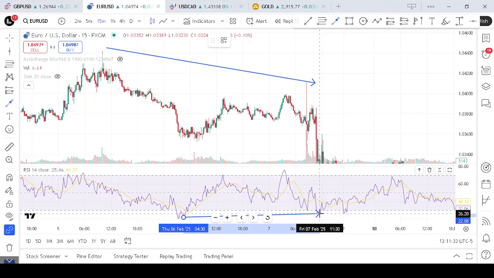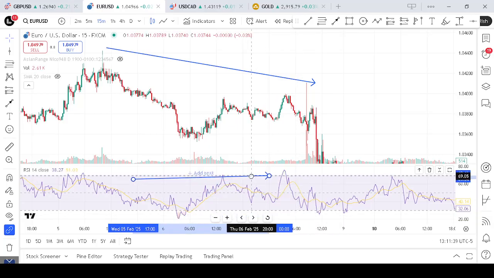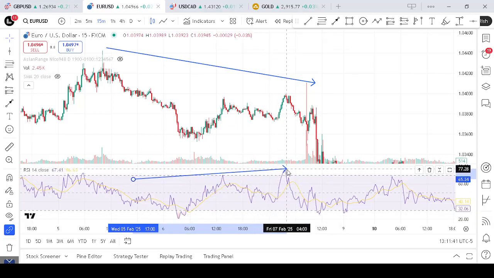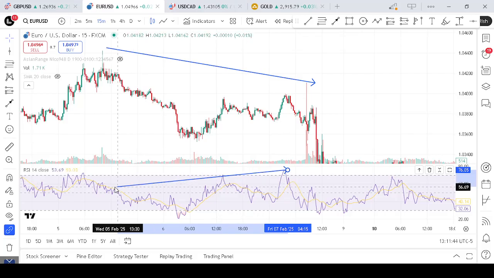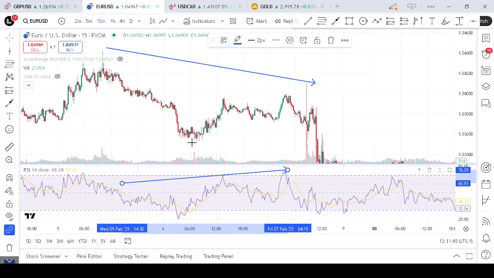Price from this point is creating a higher high, as you can see, while the indicator is creating a lower low.